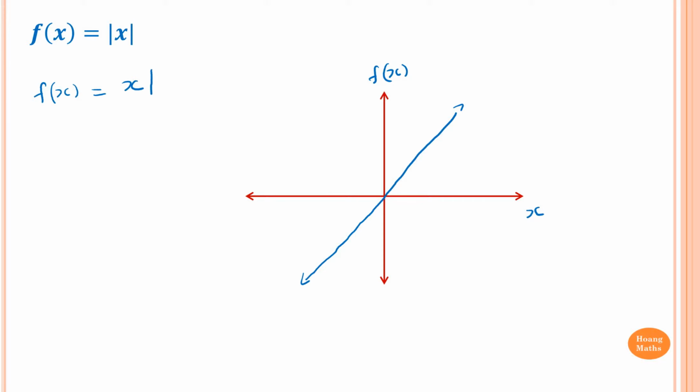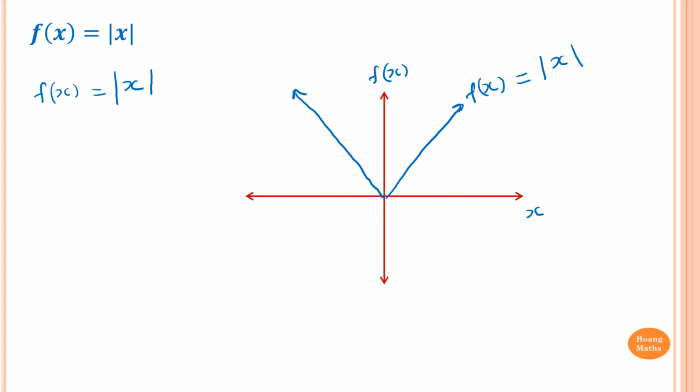Then if we take the absolute value of this, this line here all becomes positive. So it's just like this. I just clear this and redraw it. So this is f(x) equal to the absolute value of x.